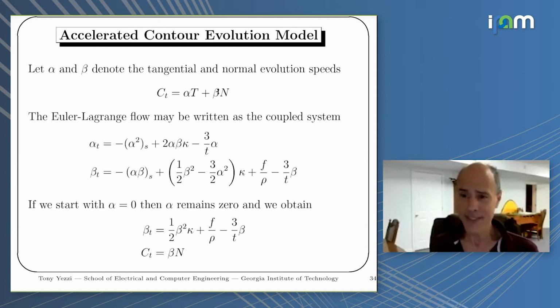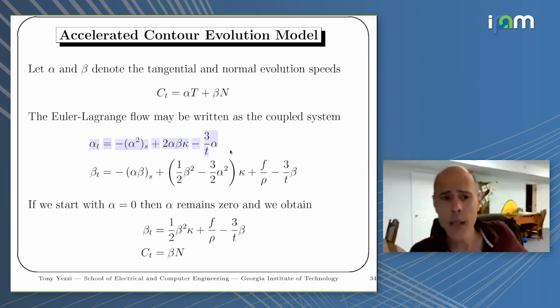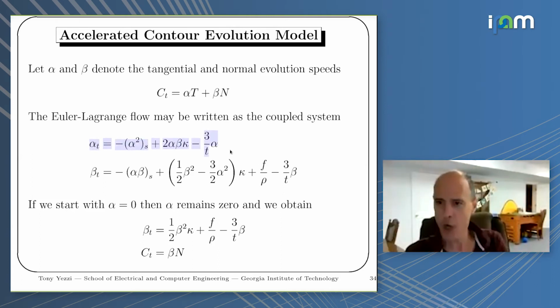Once I'm in the second order framework, it's not so trivial to just abandon this tangential term. If you take the second derivative of this, then you can look at what the evolution of the tangential and the normal speeds are. Now here's a really nice thing. If this is the evolution of the tangential speed, as long as you start off with 0 tangential speed, it stays 0.